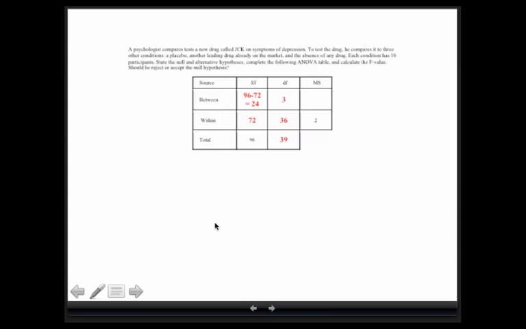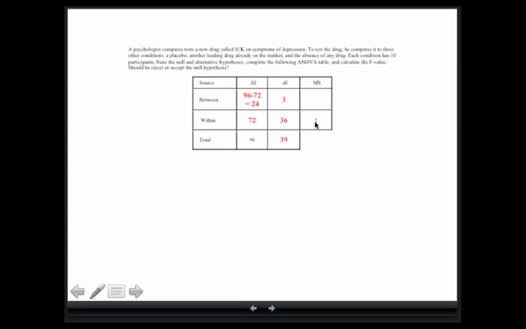Okay, then the next thing we want to do is start filling in our other values. Now, the first thing that you can do is look across to do your sum of squares. In your sum of squares, you can see that you already had your degrees of freedom filled in, and you had a mean square of 2 here. Now, you know that if you divide your sum of squares by your degrees of freedom, you'll get mean square.